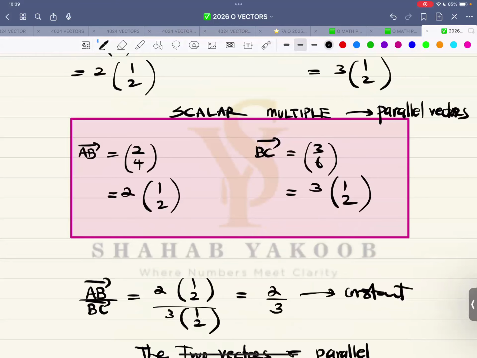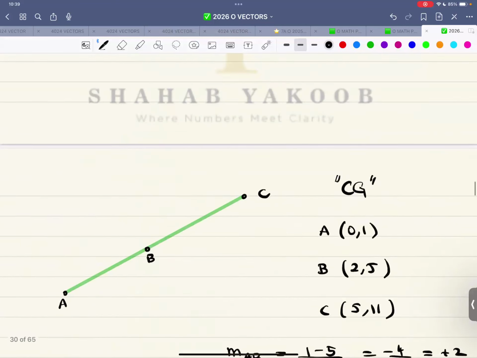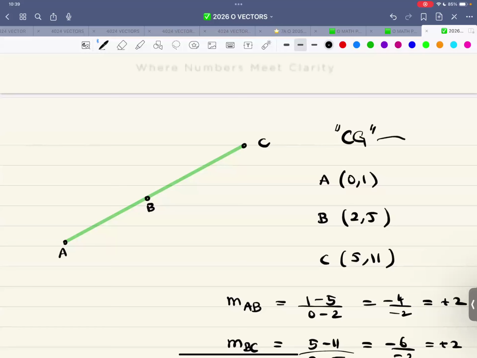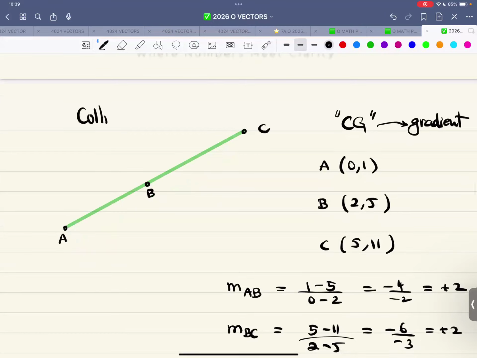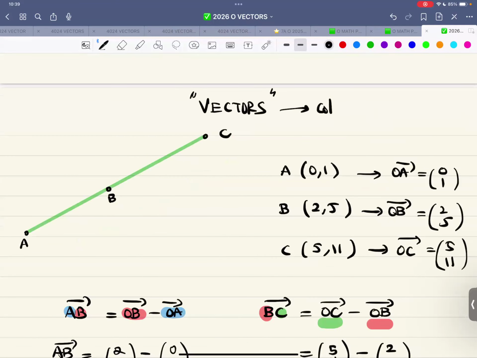Now, the same thing was done in two different ways. This is from the perspective of vectors. The same scenario, this is from the perspective of coordinate geometry. Coordinate geometry is related with gradient: collinear points have the same slope. But over here in vectors, collinear points will give me what?